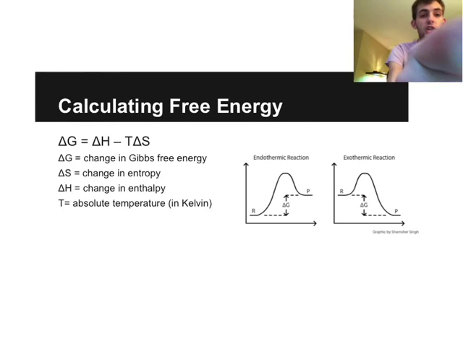So if that delta G value is a positive value, that means that it's an endergonic reaction, meaning that energy was gained. If the delta G is a negative value, that means that it's exergonic, meaning that energy was released. And so these are two graphs to show what exergonic and endergonic reactions look like.